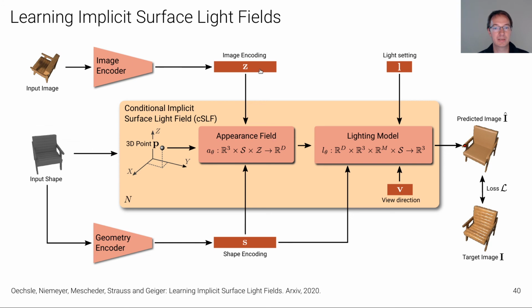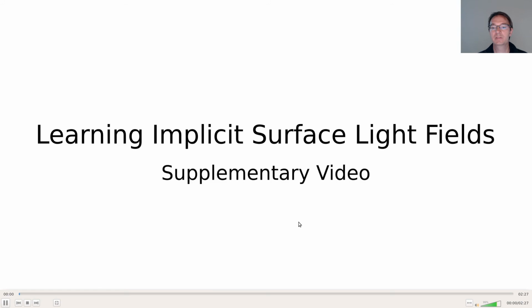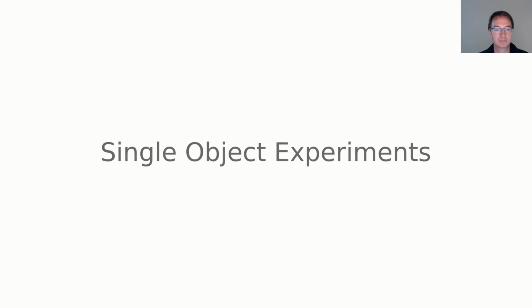What we have here is, again, an image encoder, which produces an image encoding C, a shape encoder that produces a shape encoding S, and then we have what we call an appearance field that takes a 3D point and the shape and image encoding and produces something that's a little bit like a material representation for each of these 3D points. And then we have a lighting model that takes this material representation and a view direction and a light setting and predicts the color at the particular 3D point. And then we train this using a reconstruction loss on a data set that has realistic materials. Here are some results of this model.